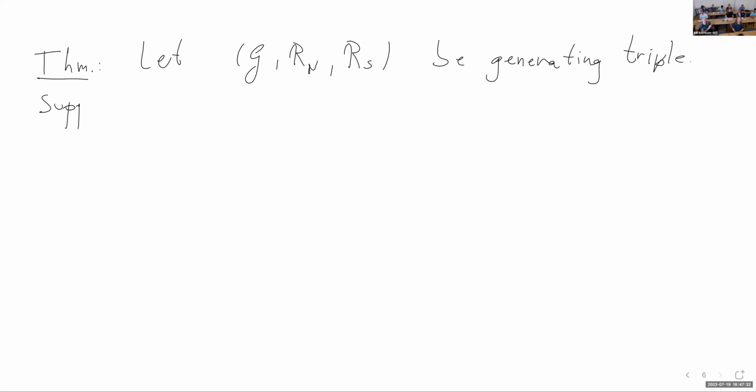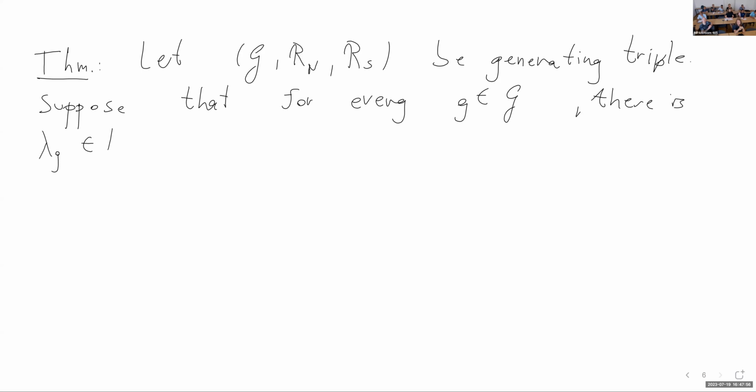Suppose that for every generator there exists a constant, a non-negative real number, and for every SOT relation, for this y, in the PDF I wrote it in bold, but here it is a little bit more concrete.